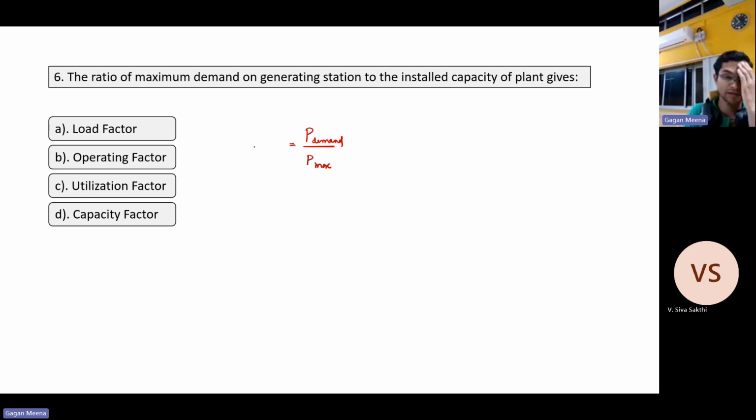So what can this ratio be called? The capacity factor is the availability factor. It is also called the availability factor, especially for the conventional generator. And it has to do with the forced outage rate.